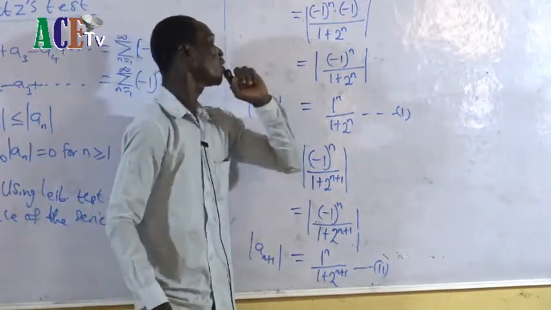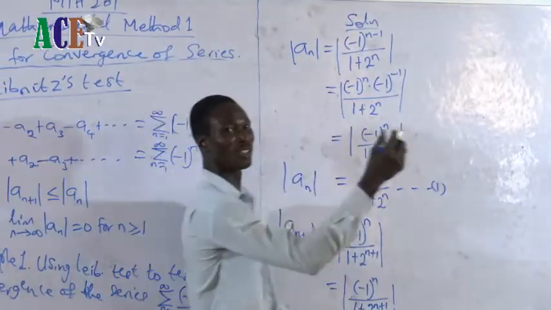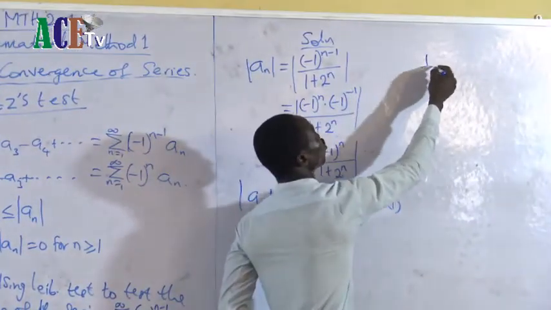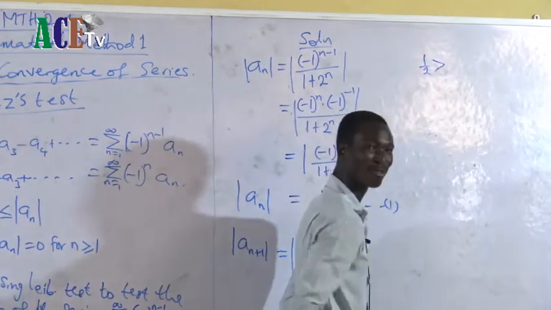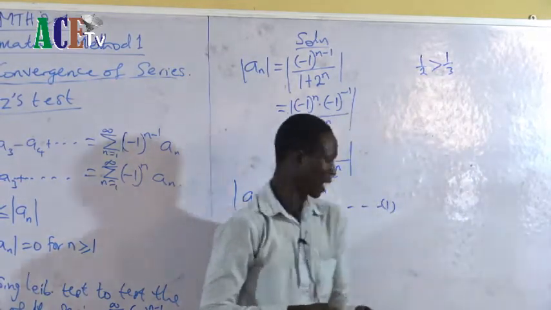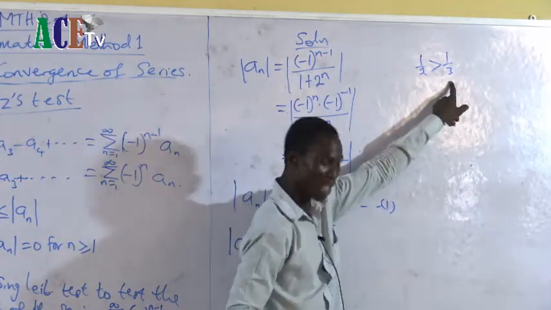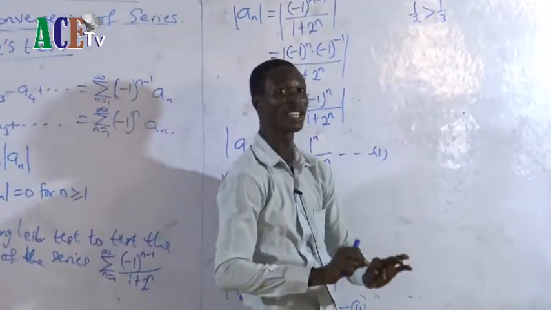Now, look at it. Don't forget, let me just remind our memory: 1 over 2 is strictly greater than 1 over 3. As the denominator increases, the value of the fraction reduces.